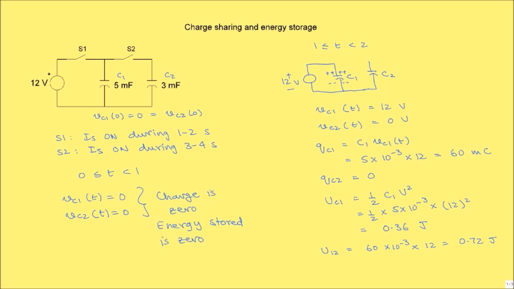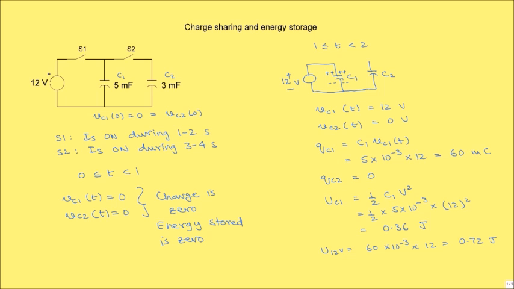Notice that the energy provided by the 12-volt battery is double the energy stored on the capacitor, which leads to the first surprising thing about this circuit, that half the energy, or 0.36 joules, is lost.